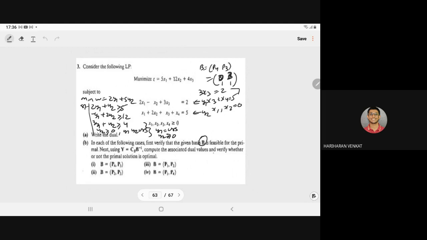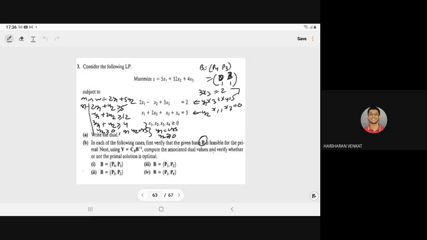Now see the question they have asked. Write the dual, which we have written, in each of the following cases. First verify whether the given basis B is feasible for the primal. So we computed the xb and checked whether it satisfies the feasibility conditions or not. Then using y = CB B inverse, compute the associated dual values and verify whether or not the primal solution is optimal.